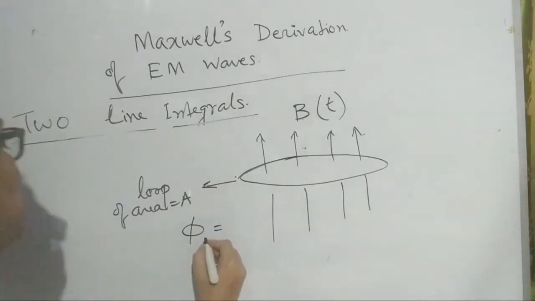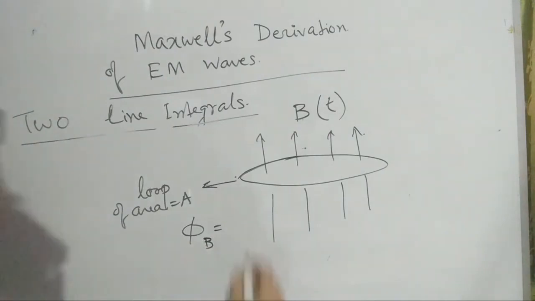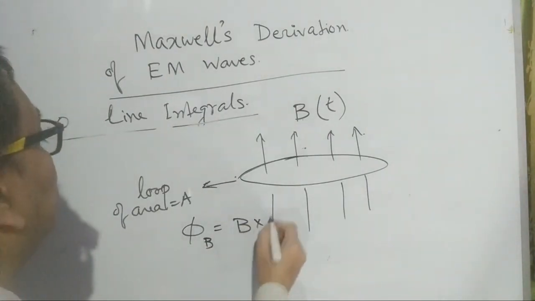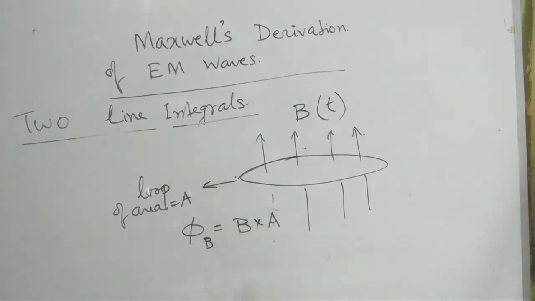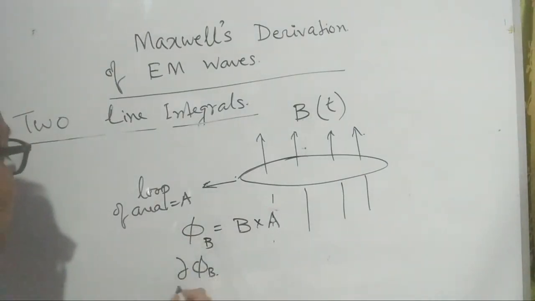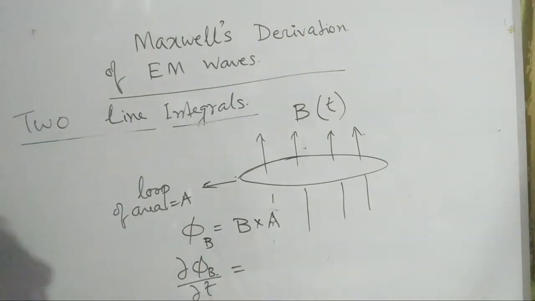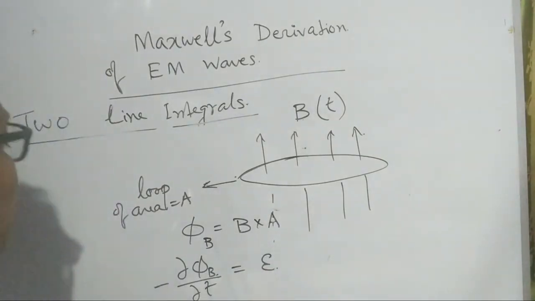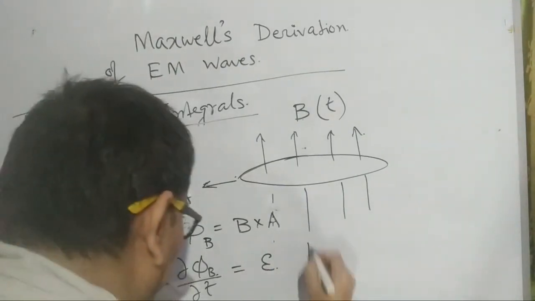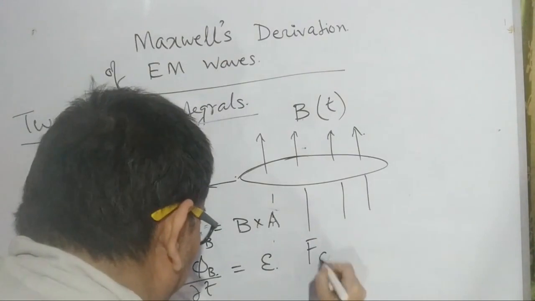Then the magnetic flux produced is equal to B into A. If we take the differentiation of this, it will produce an EMF: minus d phi by dt is equal to EMF. This is Faraday's law.